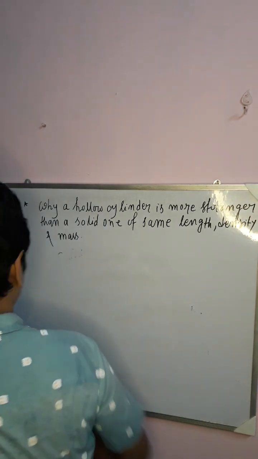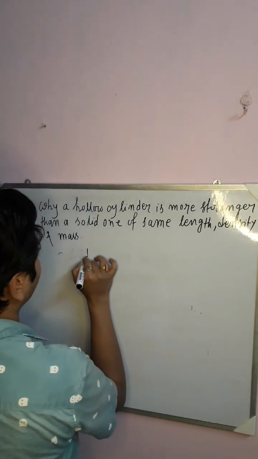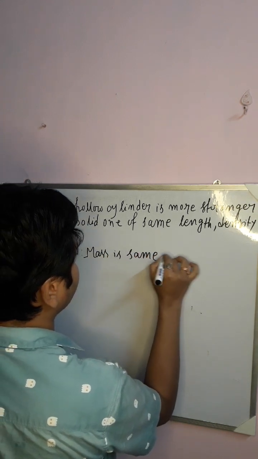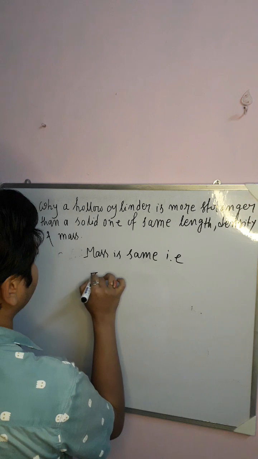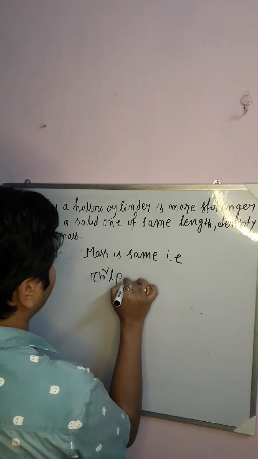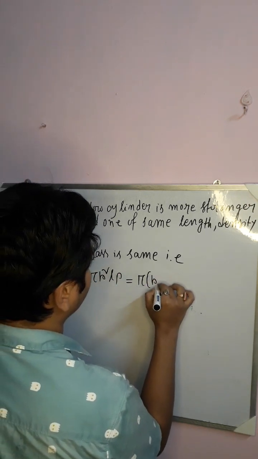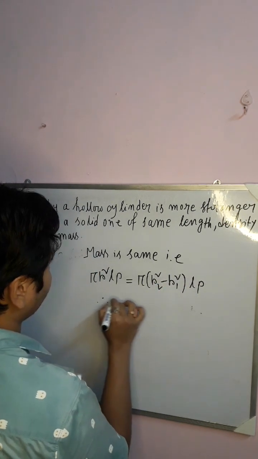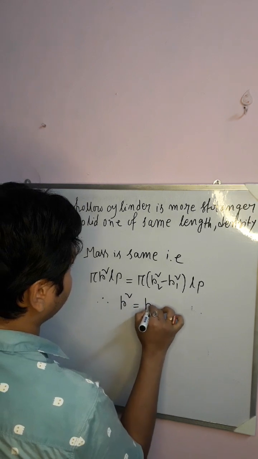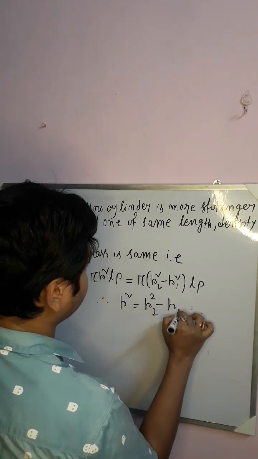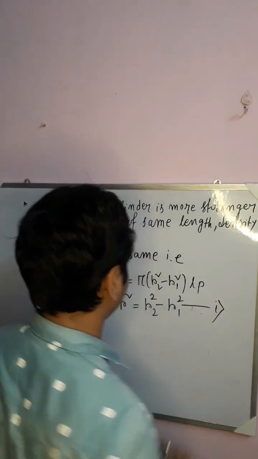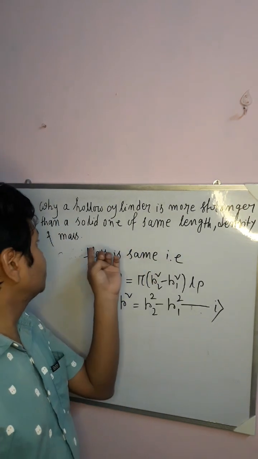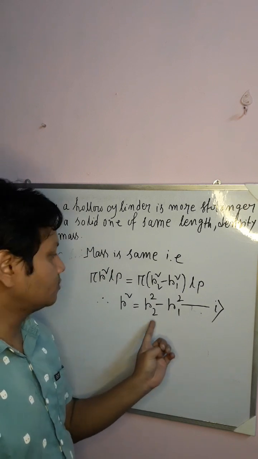Now it's given that mass is same, that is pi R square L rho equals pi (R2 square minus R1 square) L rho. So we can write R square equals R2 square minus R1 square, say give it a name 1. So from this condition, that is same length, density and mass, we can find out this relation.